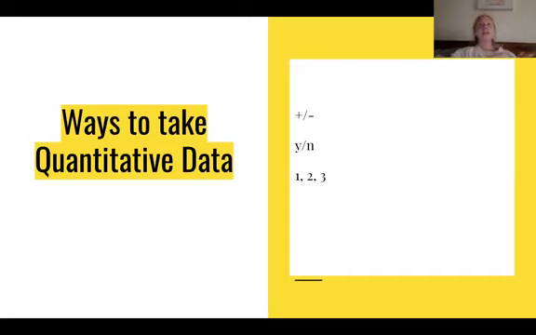So say they make an SH sound when they're supposed to be making an S sound. In this case, a 1 would be SH because they aren't making the sound. A 3 would be an S sound because they are making the sound. But the 2 would be something somewhere in between, right? So they aren't making an SH, they aren't making an S, but they're kind of getting closer.